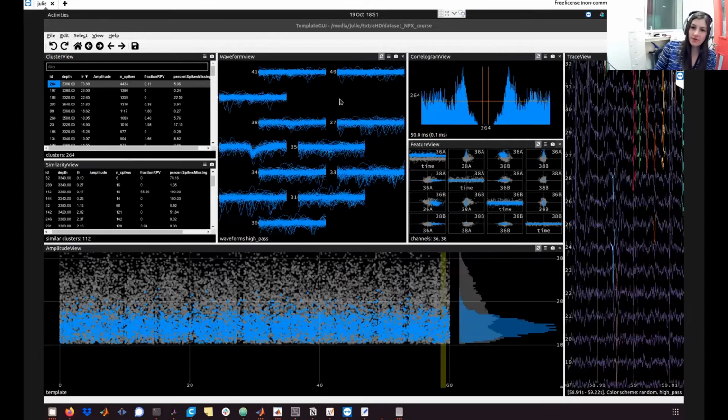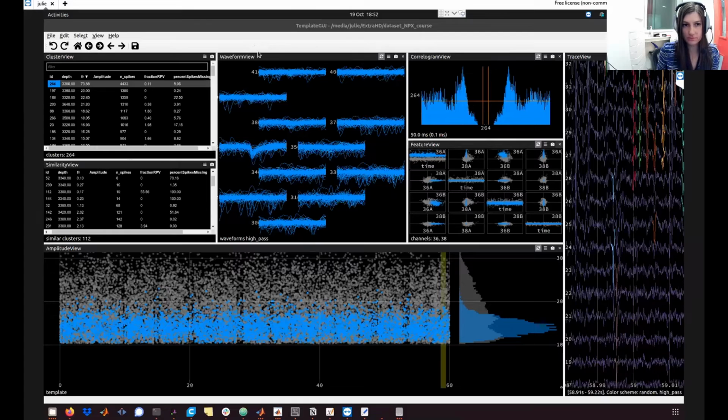So this software loads all of your data, and there are different views that we've already seen previously, but that I'm going to briefly explain here. You select each of your units in this cluster view, and here we have a selected unit with its waveform plotted here. This is a subsample, a few raw waveforms that have been extracted.